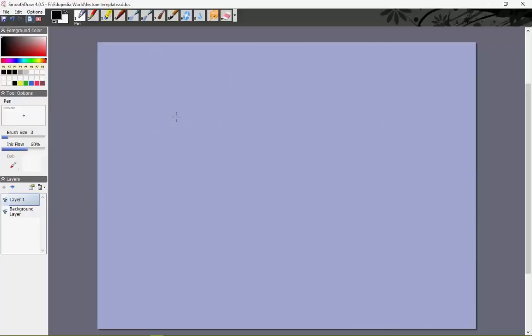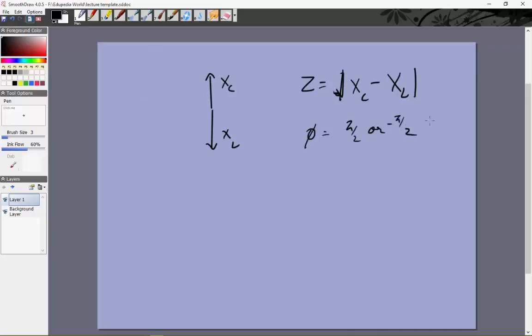Now for a second, let's look at a simple LC circuit. In an LC circuit, we have XC up, XL down, Z is equal to mod of XC minus XL, and phi is equal to either pi by 2 or minus pi by 2.